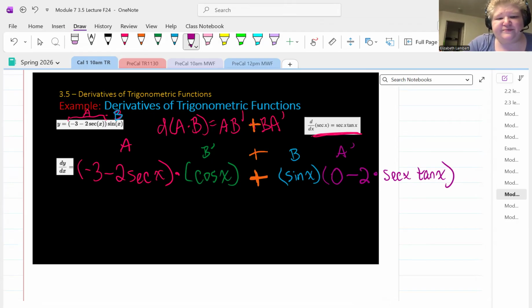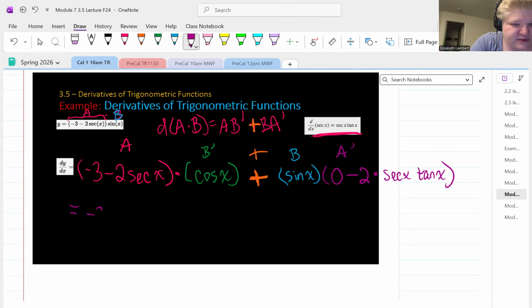Now, here, again, you can clean it up if you want to, like if that kind of gives you a thrill, especially if you notice the secant and the cosine over here are going to cancel each other out. You want to do that, go for it. And I kind of want to do it, so I'm going to run through it real quick.